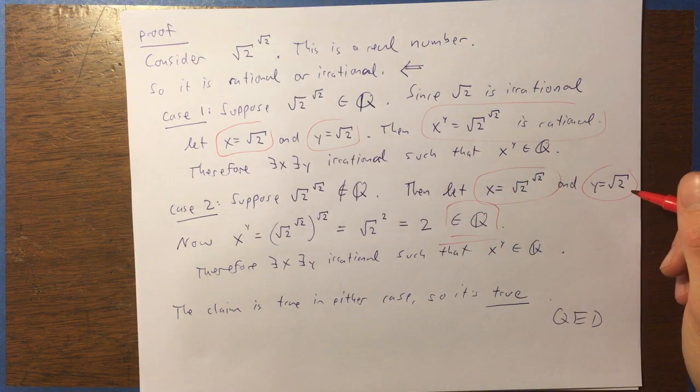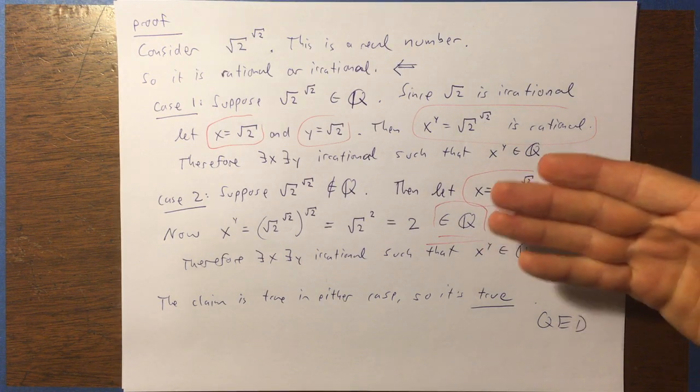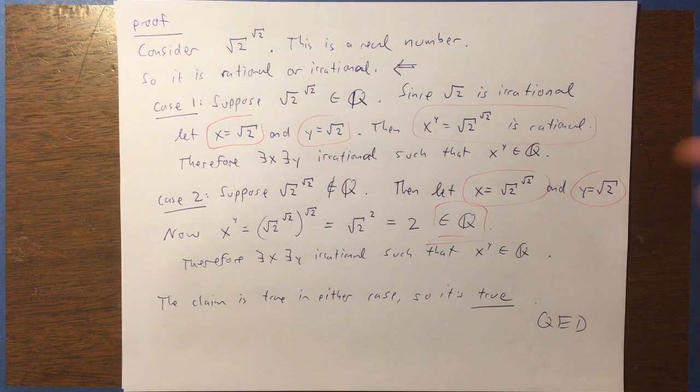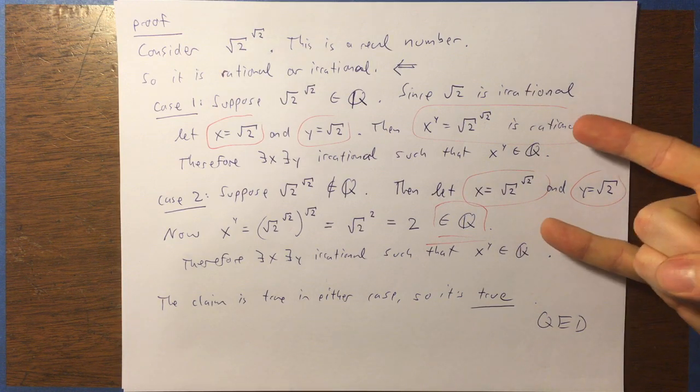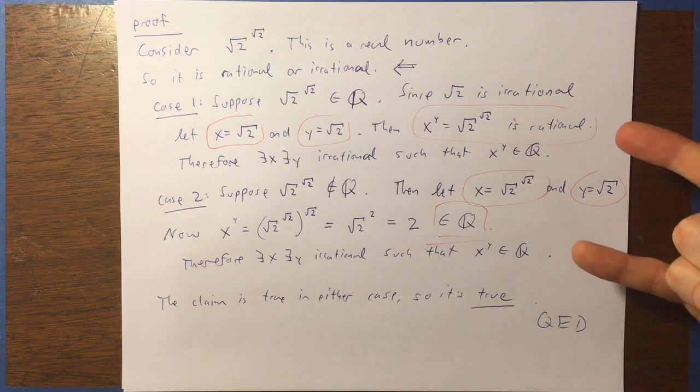But why is this not constructive? Well, the reason is that at the end of the proof, can you tell me an example of two irrational numbers that when you take one raised to the power of the other, it's rational? Not really, unless you thought of a different one that I didn't mention yet. I didn't prove that either of these two cases is the real case. I just proved that it must be one or the other.